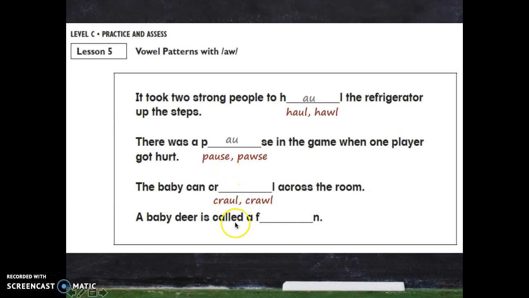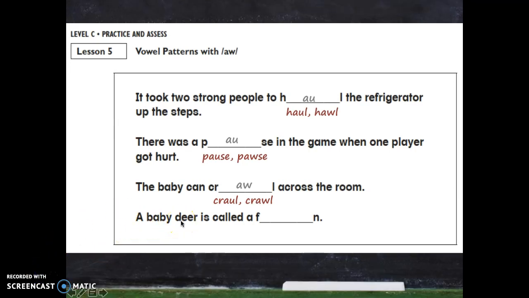The baby can crawl across the room. Pause the video, insert the correct spelling of crawl, and then come on back to me. If you said A-W was the correct spelling, you were correct. Let's look at the last one.